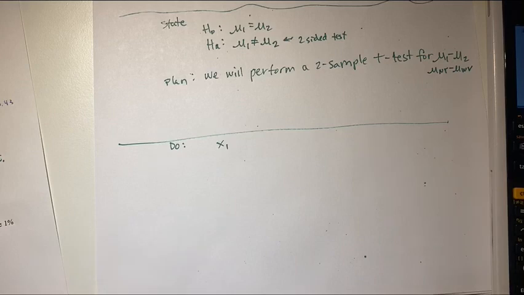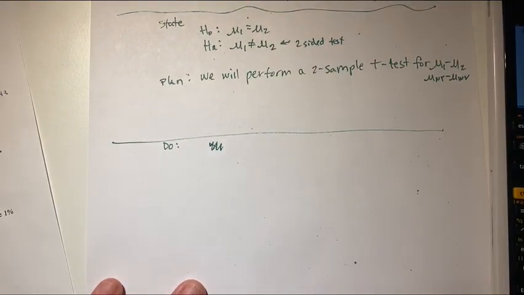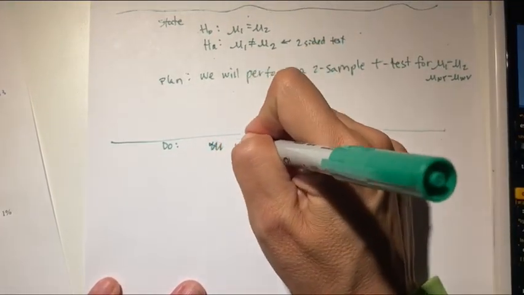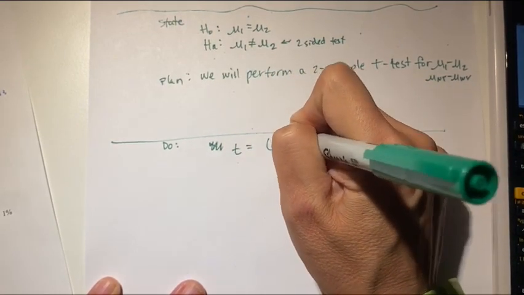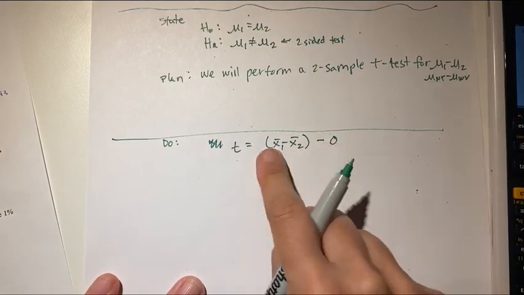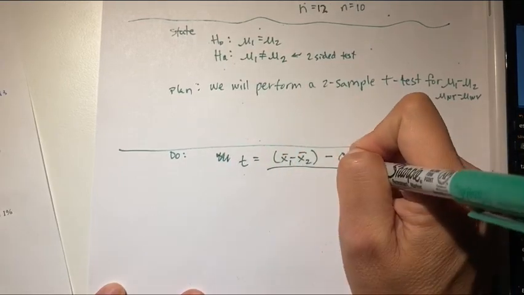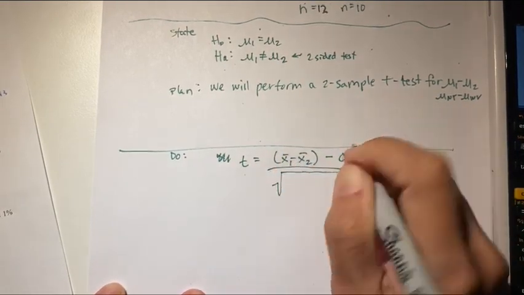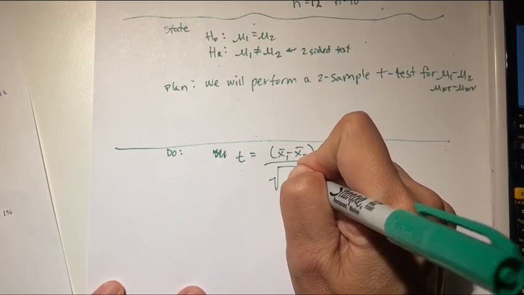So doing my do here, what did the calculator do to create this p-value? Well, this is a t-value. So it takes these two values, subtracts the two, and compares it to 0, because there should be no difference. That's H sub O, that there is no difference. And then it puts it over this cumulative standard deviation.